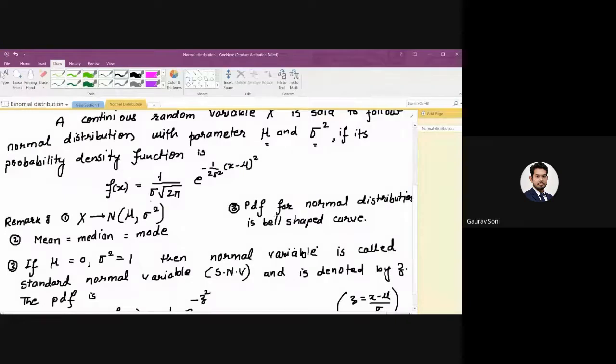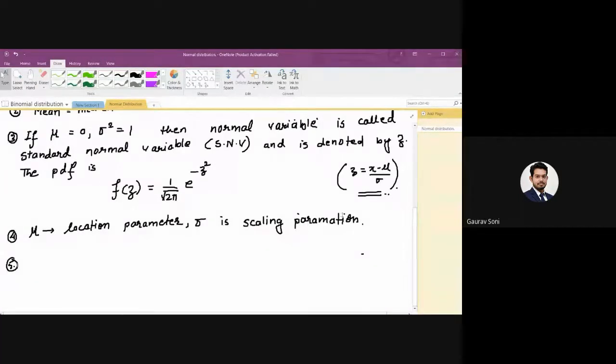The standard deviation is defined as the positive square root of the variance. That's why it is always positive. I have written the spelling of scaling parameter wrong. So f of x is greater than or equal to 0 always.